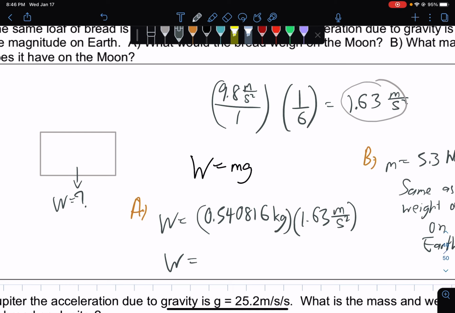Okay, so kilogram times meter per second squared, I suppose that results in the unit newton. 0.540816 times 1.63 is equal to 0.88153 newtons.